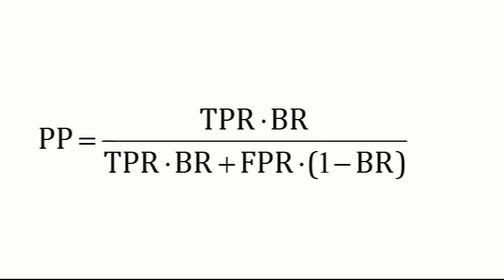If BR equals 1, PP, posterior probability, equals 1, irrespective of TPR and FPR. Or we can have faith in its falsity. If BR equals 0, then PP, posterior probability, equals 0, again irrespective of the other two terms.